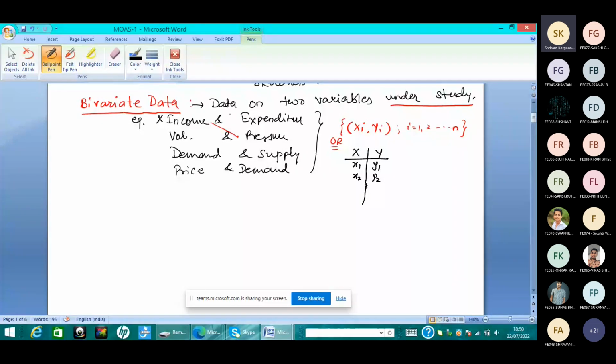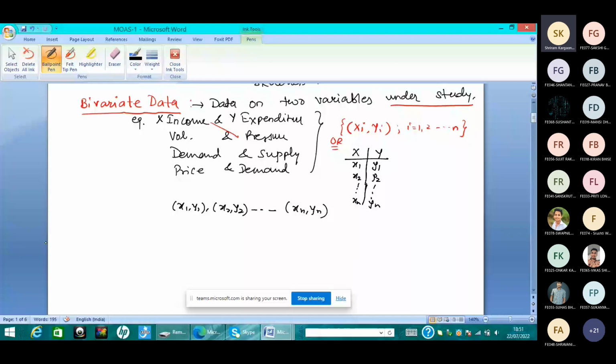Then x1, y1 is the income and expenditure of the first person or family, and xn, yn is that of the nth family. You can also represent it in an ordered manner as (x1, y1), (x2, y2). There are a number of ways you can represent bivariate data.